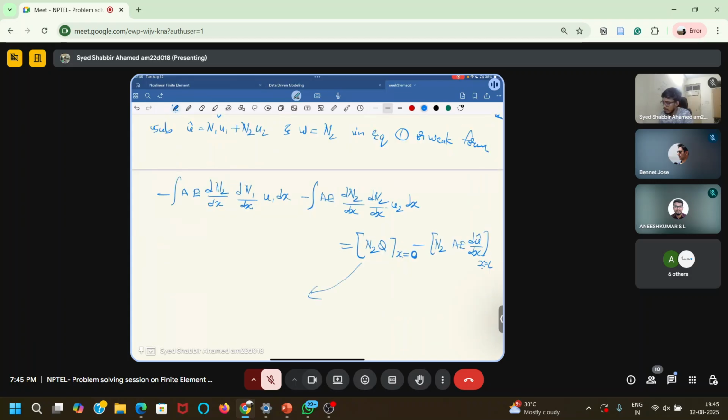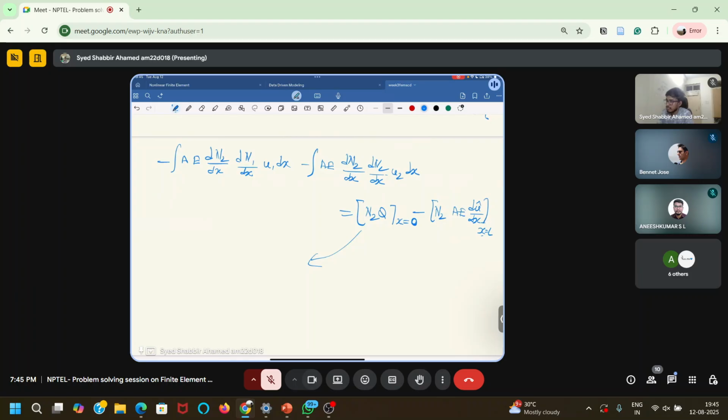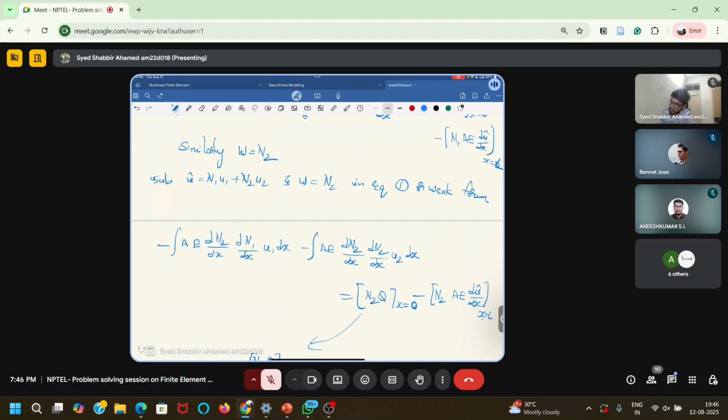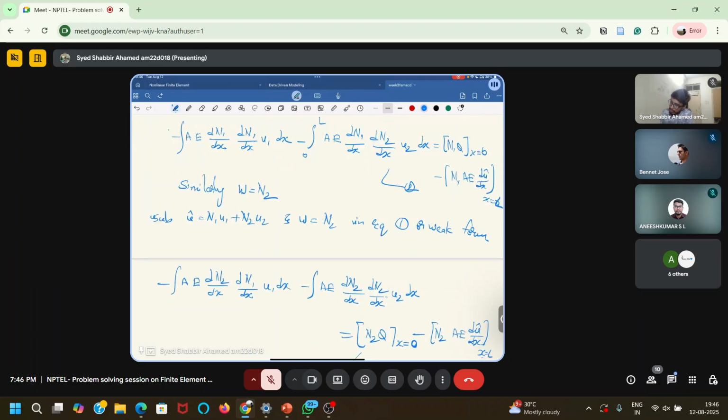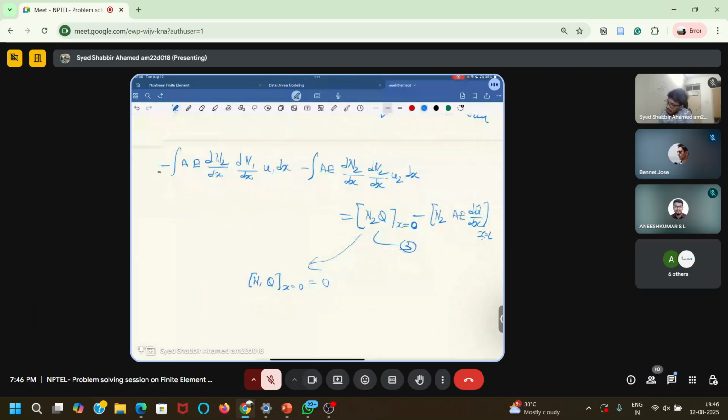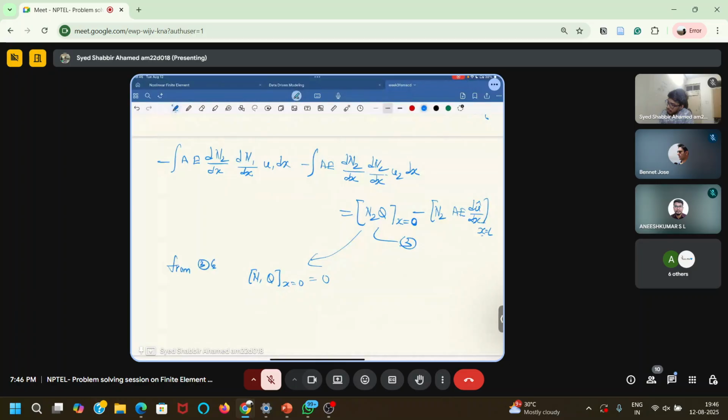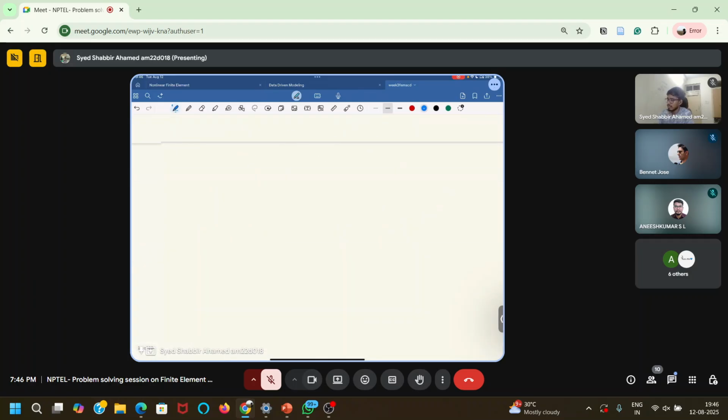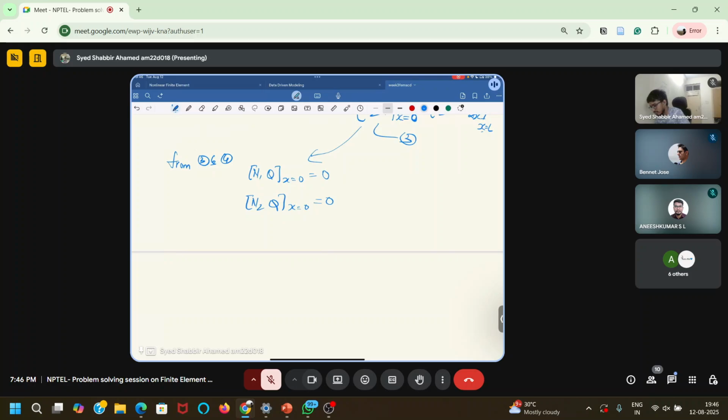Whatever integrating polynomial we are taking, N1 and N2 should satisfy the essential boundary conditions. That is the kinematical admissibility which we were talking about. So N1 q at x is equal to 0 from, let's say this is equation 2 and this is equation 3. So from 3 and 4, these two things should become 0 because N1 and N2 should satisfy the essential boundary condition.